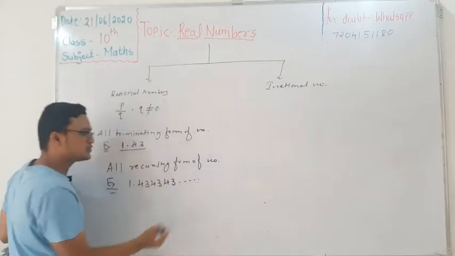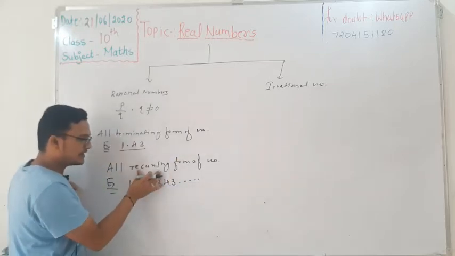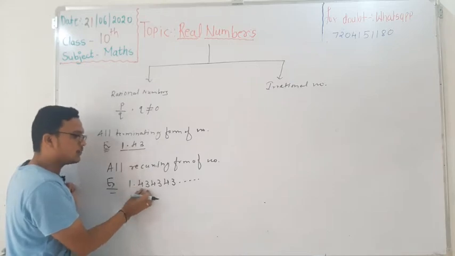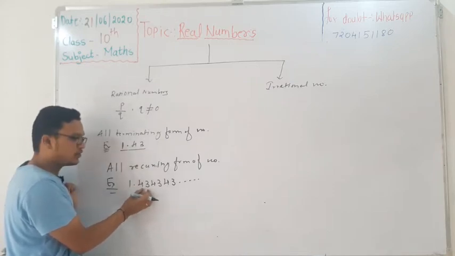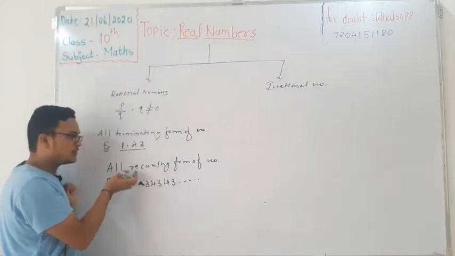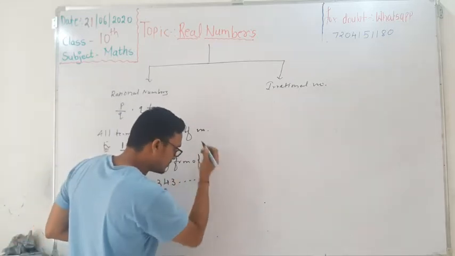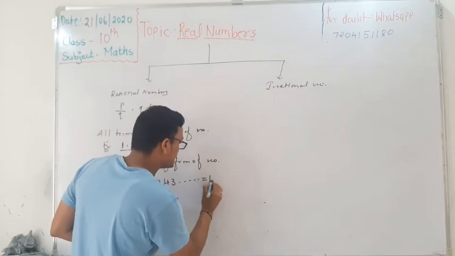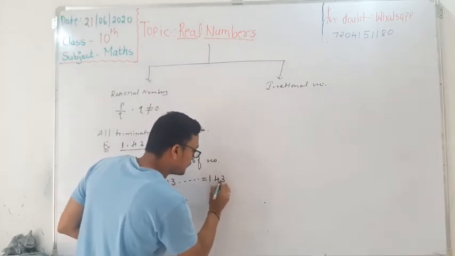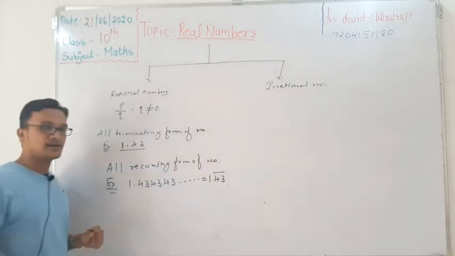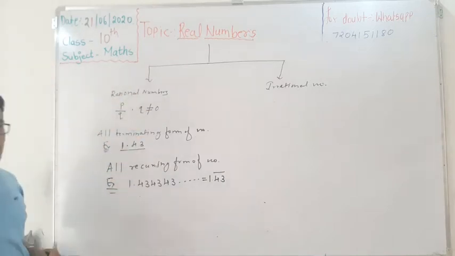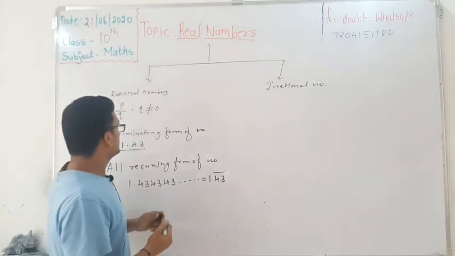So what is the difference here? Recurring means after the decimal point the numbers will go on repeating. That form of number is called recurring form of number, and that number is again called a rational number. So in short we can write 1.43 bar. That bar represents that the numbers will go on repeating.